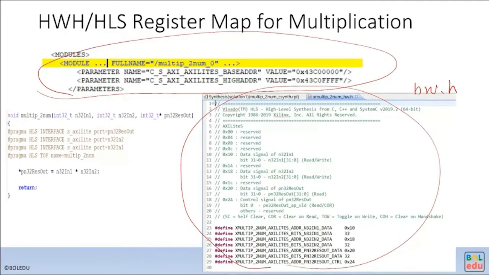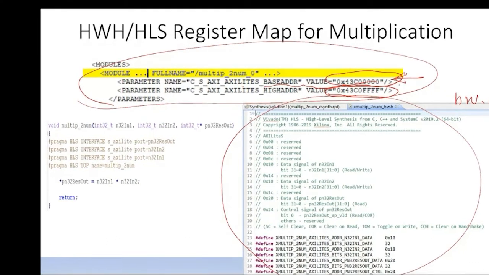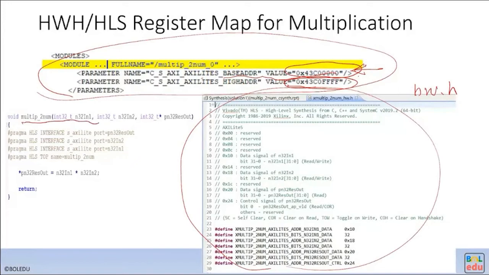Let's look here. See this AXI Lite, the base address appears in the block design address editor. Inside this range, how are the kernel function arguments arranged? How do you access each argument?